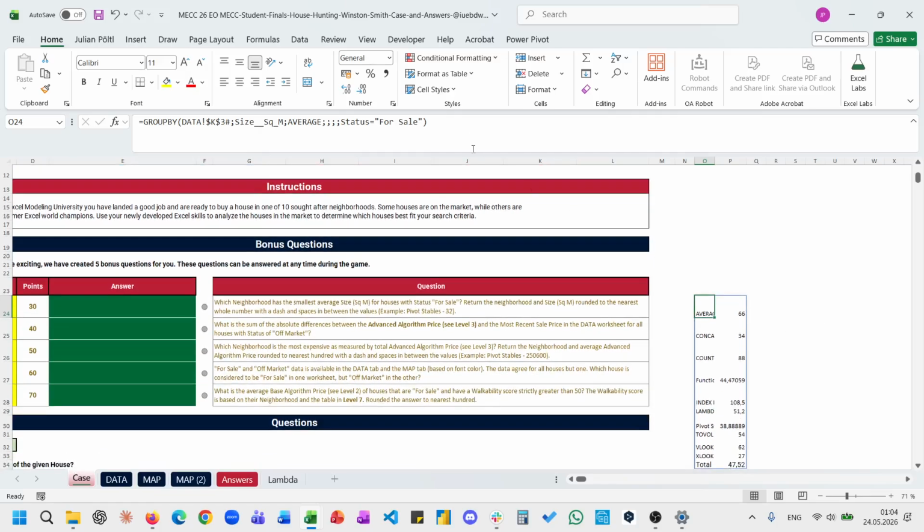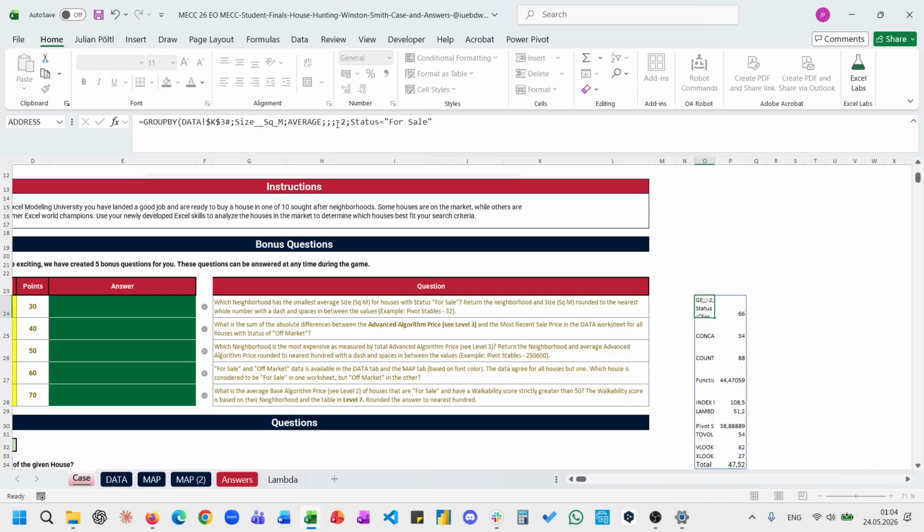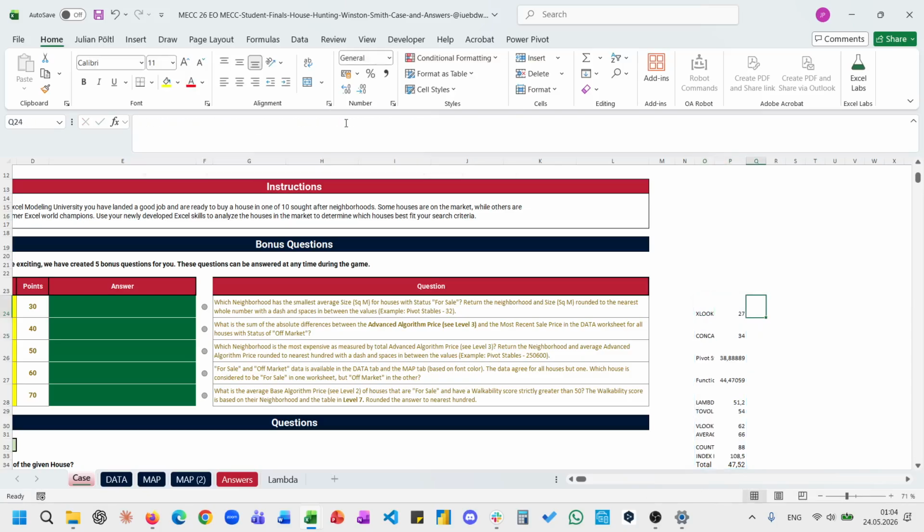And then we could also do, for example, what is asked for the smallest average size. Then you do the sort order 2, not -2, sorry. And then this, and round it to the nearest whole number, and we're done.